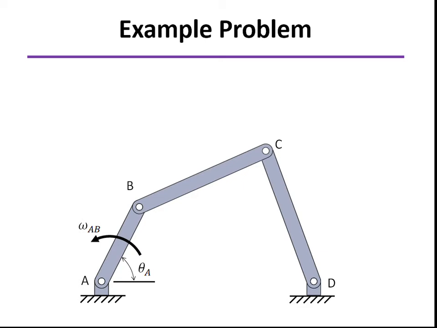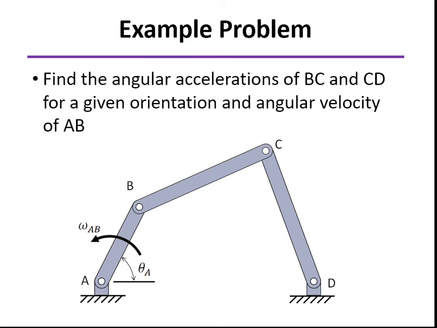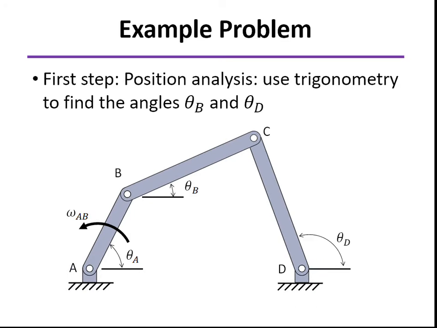So here's a problem we looked at before from the velocity standpoint. We want to find the angular accelerations, in this case, of BC and CD. Given that we know the angular velocity of AB, we could have an angular acceleration as well, but we'll keep this simple and say we've only got a constant angular velocity of AB, and for a given orientation of theta A. Well, the first step, just like when finding the velocity, is to do the position analysis first.